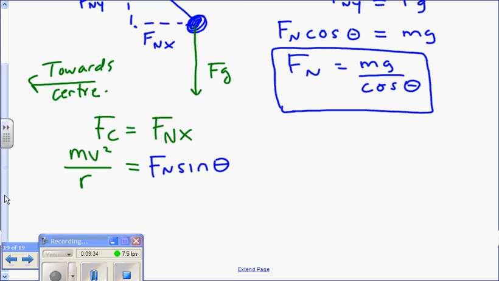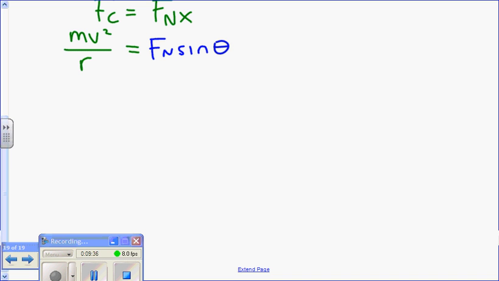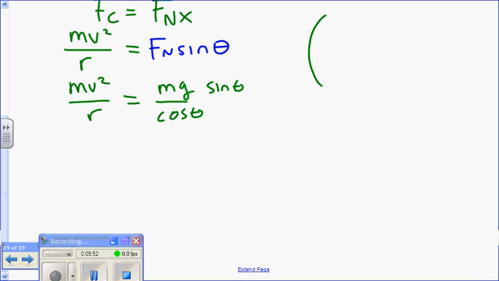And then just to go just another step, mv squared over r equals, instead of writing Fn, why don't I write mg over cos theta? That's all times sine theta. And you might remember from math class that sine theta over cos theta is tan theta.